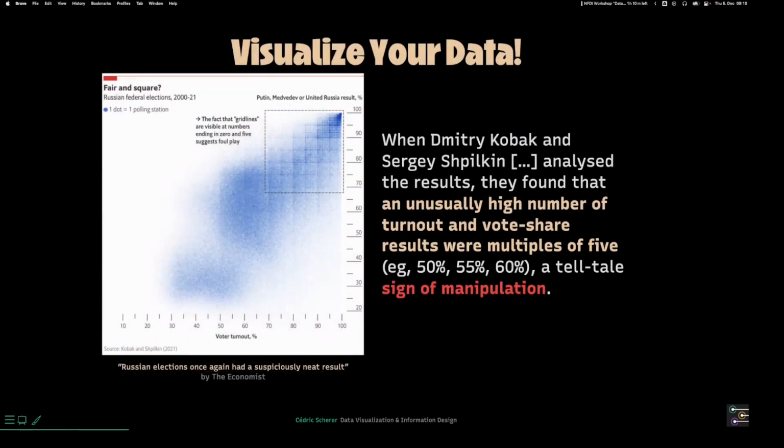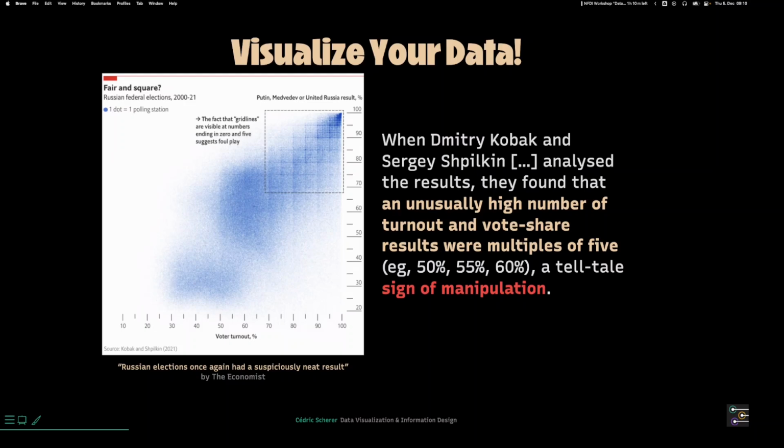Another real-life example of why visualizing data can be helpful, and sometimes it's hard to just see from your data sheet. This is a visualization by The Economist based on an actual research contribution by Dmitry Kobak and Sergei Spilkin.